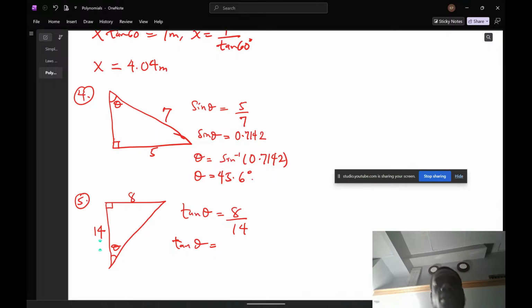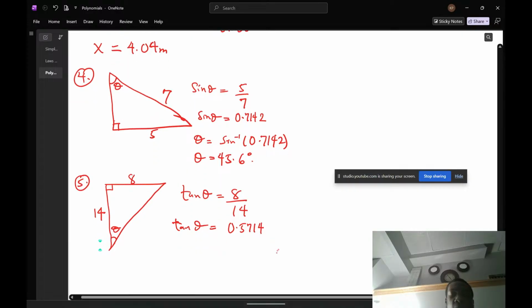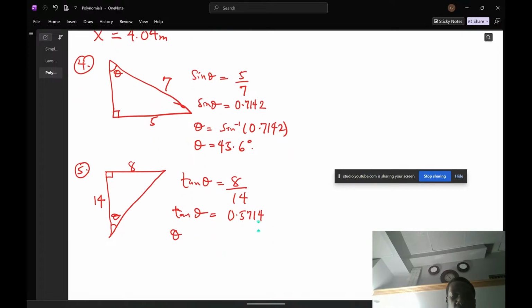Let me put that in the calculator. So that's 0.5714. Okay. So theta is equal to arctan 0.5714.